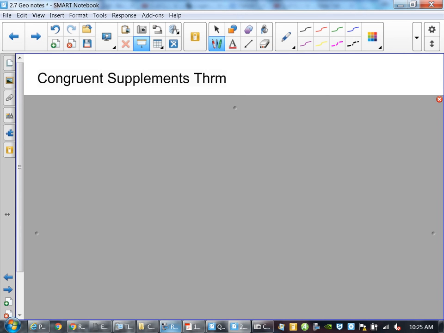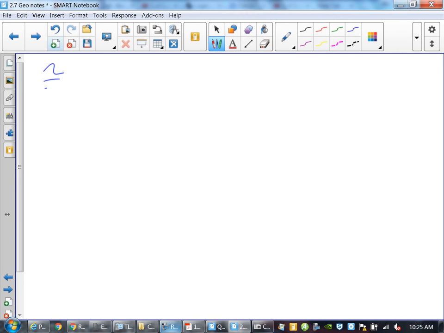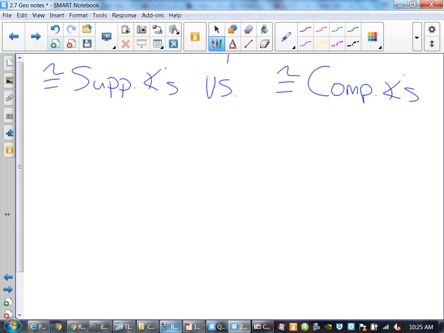Let me write this out on a separate sheet here. We have congruent supplements versus congruent complements. So we have congruent supplementary angles, and then we have congruent complementary angles. Here's what happens.